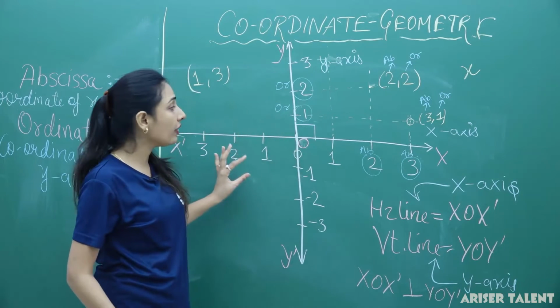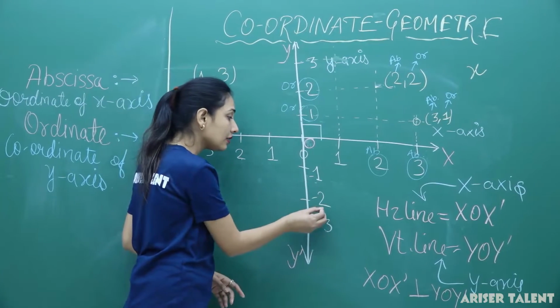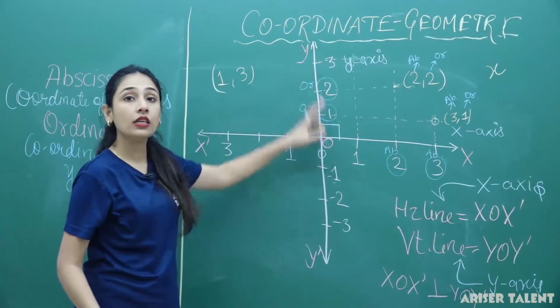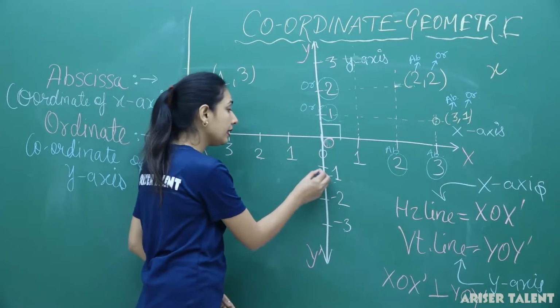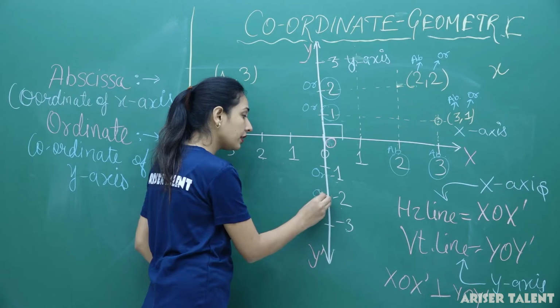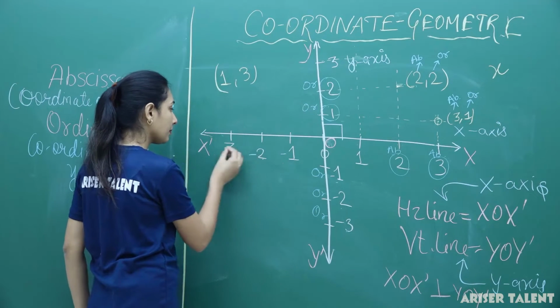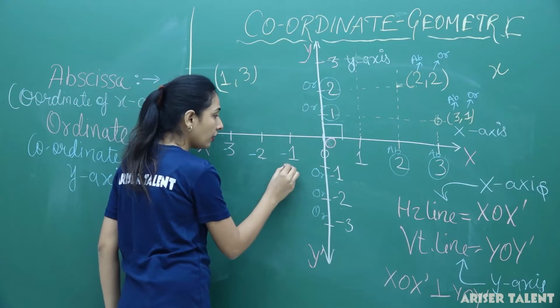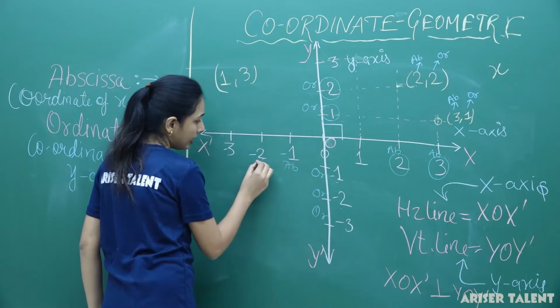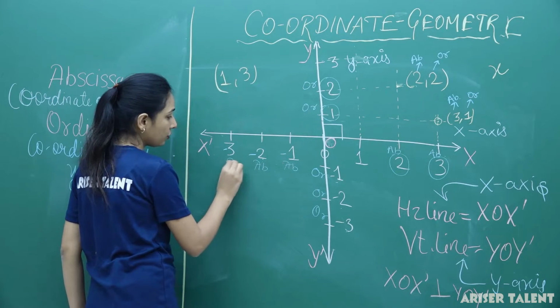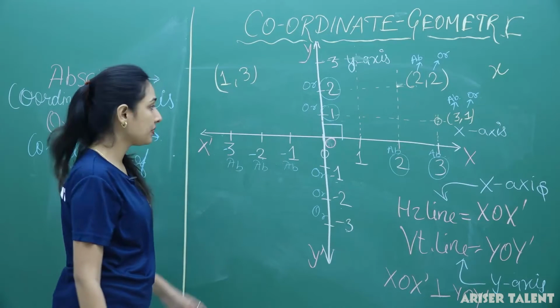Same for the negative axis also. These are all what? The ordinates. Ordinate here, this is also ordinate, this -3 is also ordinate. Similarly this is also what? Abscissa. This is what? Abscissa -2, -3 is also abscissa.